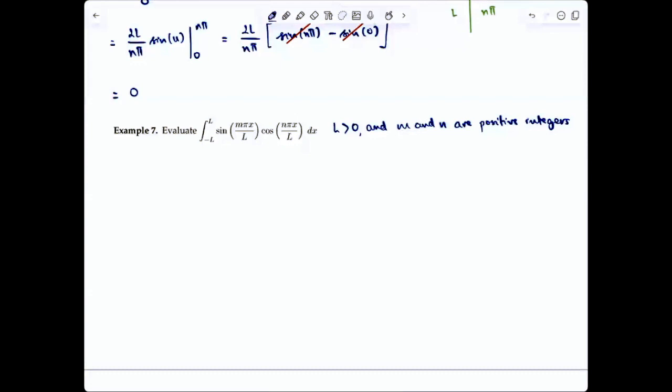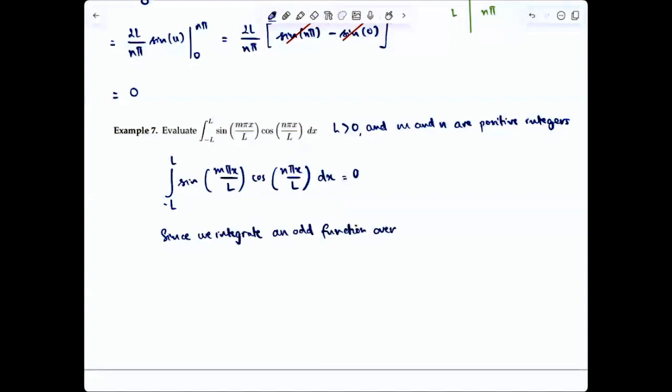So in this example, the integral from negative L to L of sine of n pi x over L times cosine of n pi x over L dx is equal to 0. The explanation is that we integrate an odd function over a symmetrical domain. So that's example 7, very straightforward.